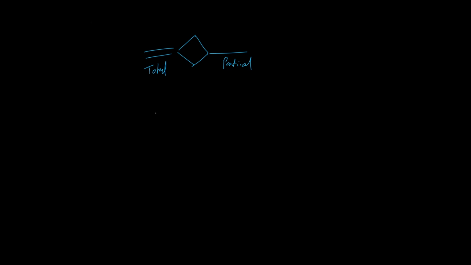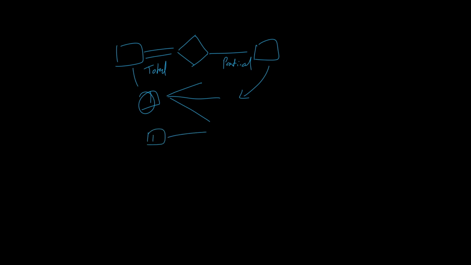Total participation simply means that there should be at least one from this entity connecting with multiple entities over here. A partial participation means there could be entities over here which are not connected with anything over here.